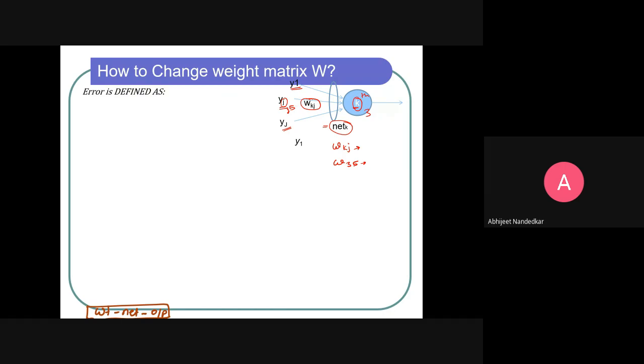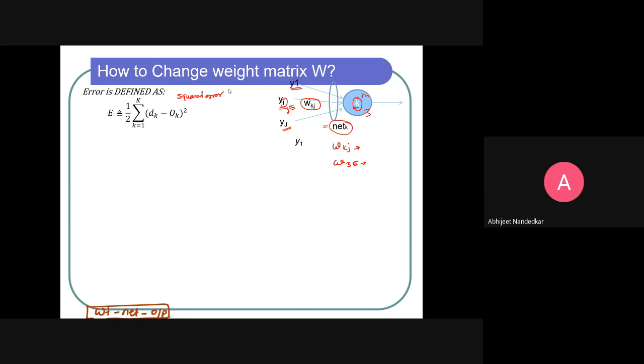Now, first of all, we will define the error for our problem. The error is defined as half times the sum from small k equal to 1 to capital K of (dk minus ok) squared. This is the squared error, so we are defining squared error as our error signal.